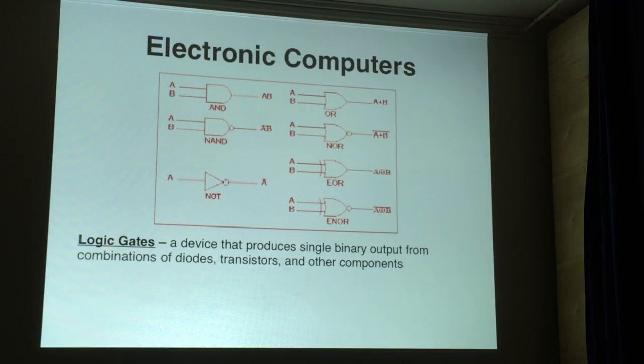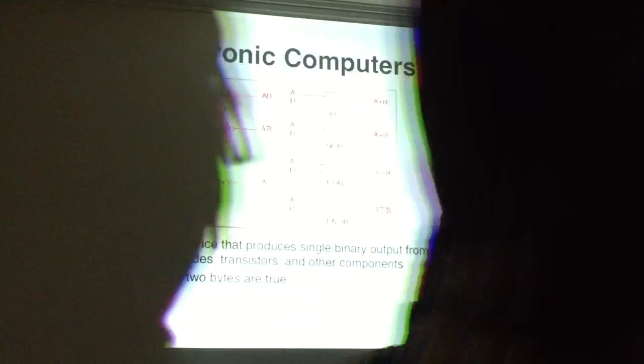And so by using these logic gates, AND means it's true if both inputs are true. So if both A and B are true, then the combination is true.